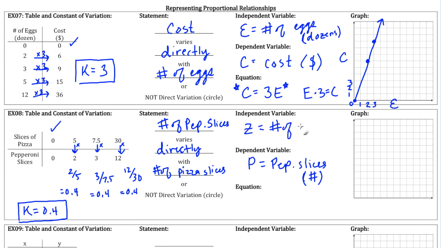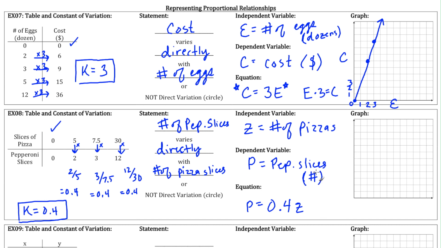Number of pizzas. So my equation, to get my slices of pepperoni, I will take my slices of pizzas and multiply by 0.4. So 0.4 times the slices of pizza.